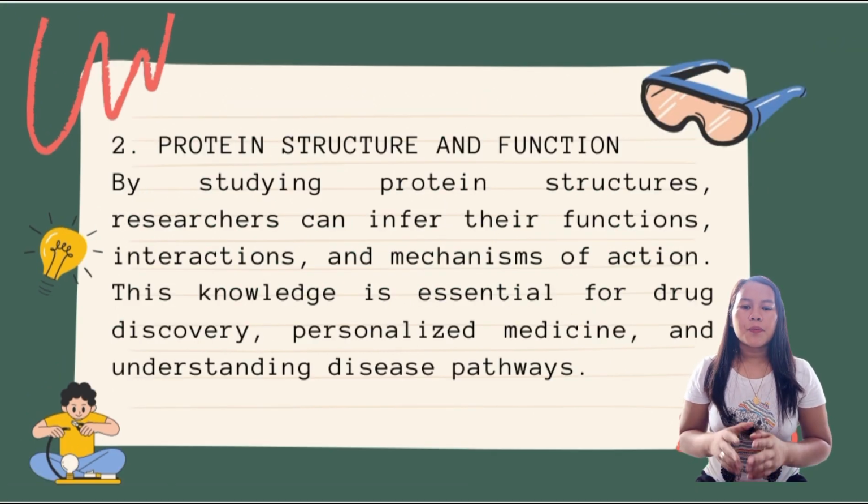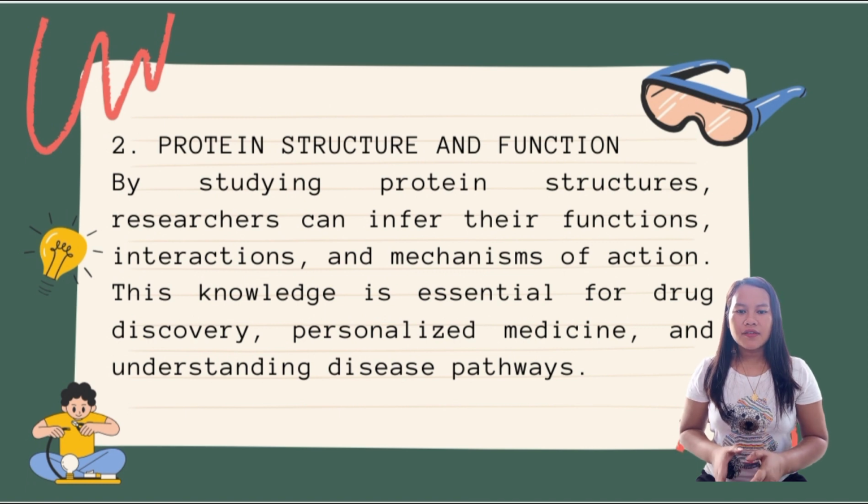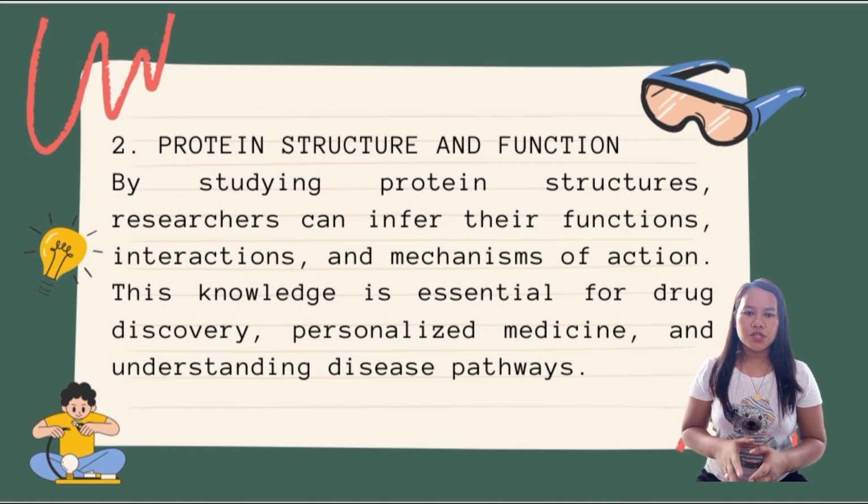So, the protein structure and functions. Understanding the structure and functions of proteins is a crucial objective of proteomics. Proteomics techniques such as X-ray crystallography, nuclear magnetic resonance or NMR, and cryo-electron microscopy or cryo-EM enable the determination of protein structures at high resolution.